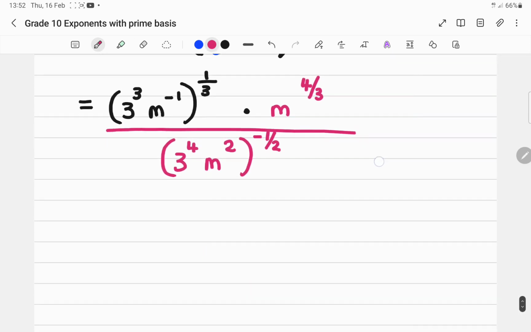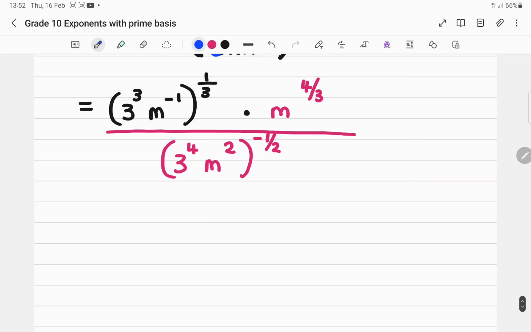So don't stress about the negative half weird exponents. We're just going to follow our rules. A power raised to a further power, we multiply together. So 1 over 3 times 3 will give you 1. So it's 3 to the power 1.